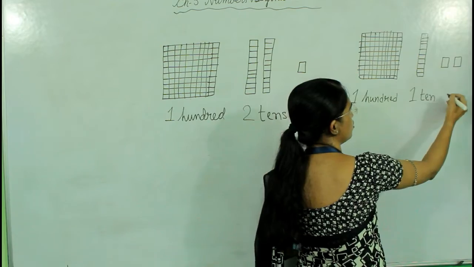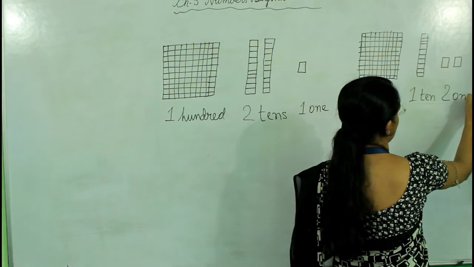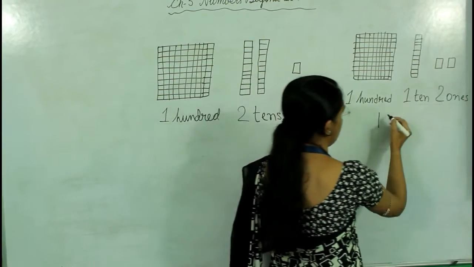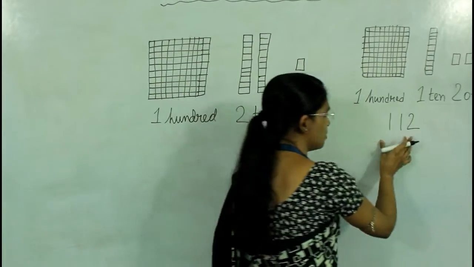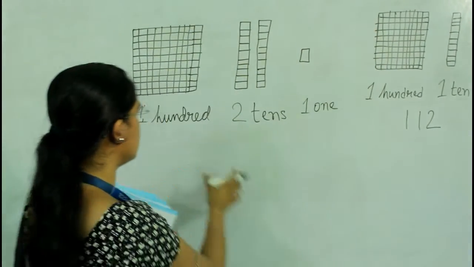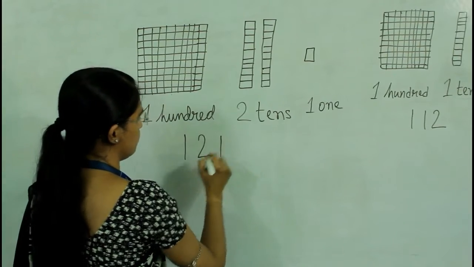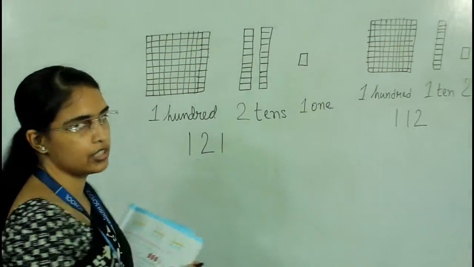That is 1, 2. That means 2 ones. So here I have 100, 110 and 2 ones. That is 112, and here I have 100, 2 tens and 1. That is 121.